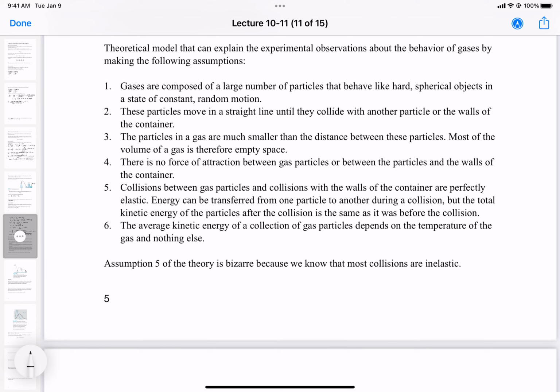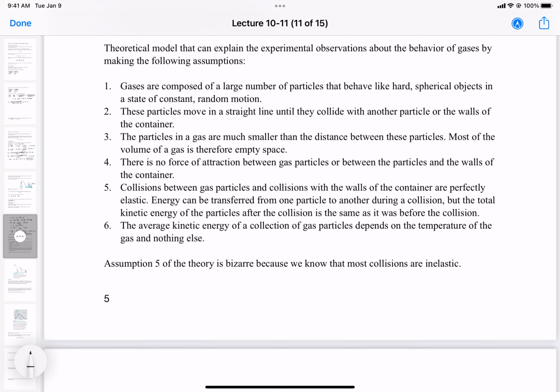Usually in this case, gas particles are so small that we don't consider their difference in mass to be very different.